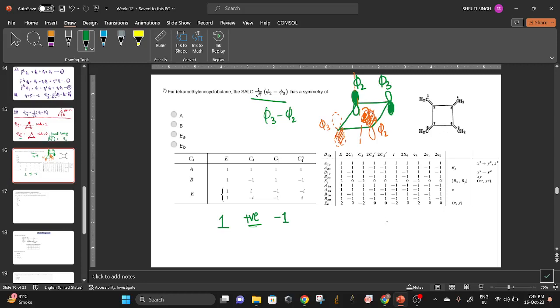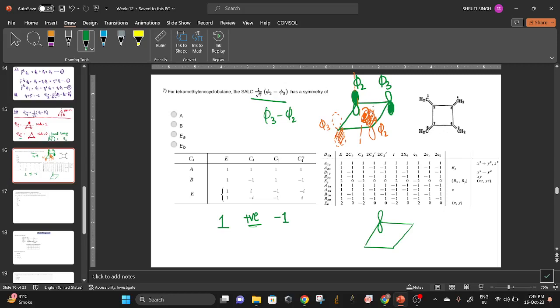So for C4 cube, there will be change of sign.